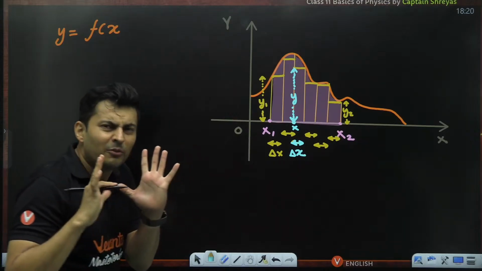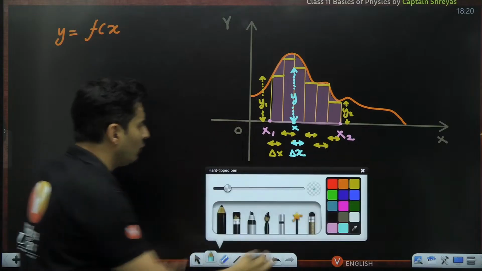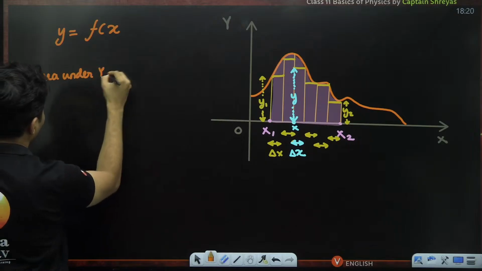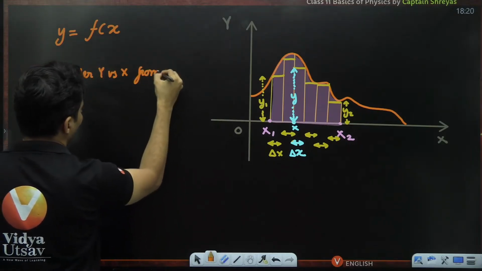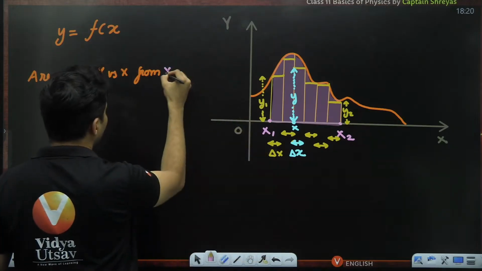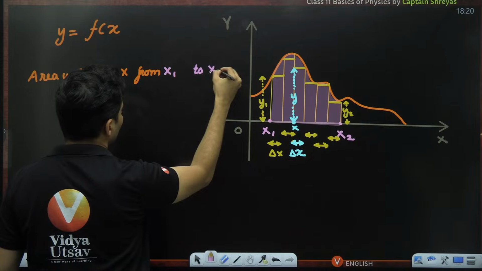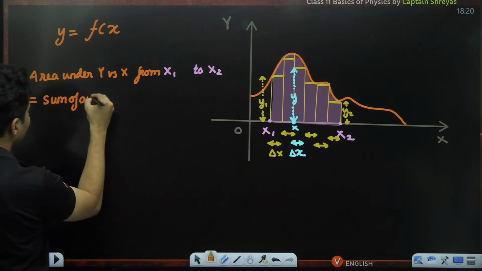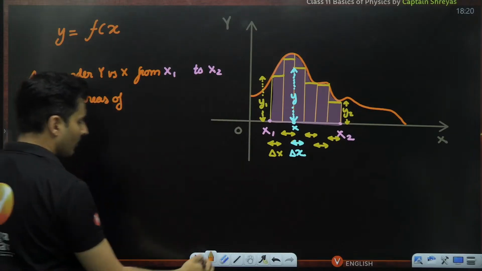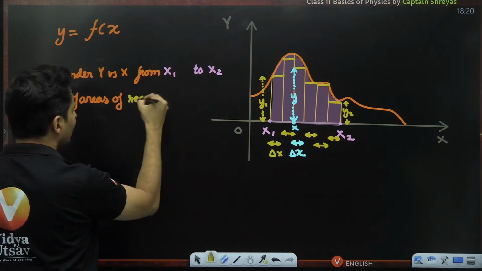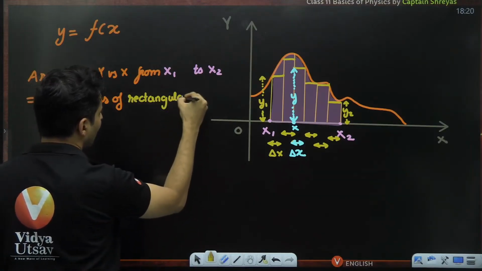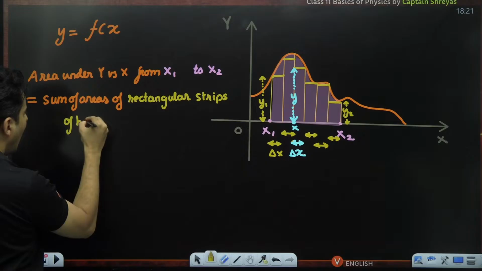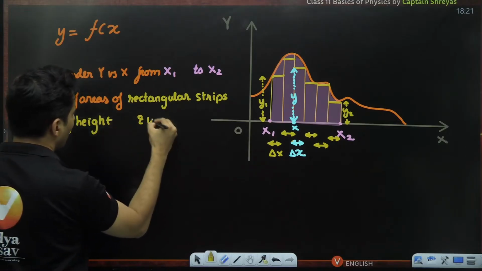So if I approximately try to find the area under y versus x, from x1 to x2, this is very important, it will be nothing but the sum of the areas of these rectangular strips of height and width.